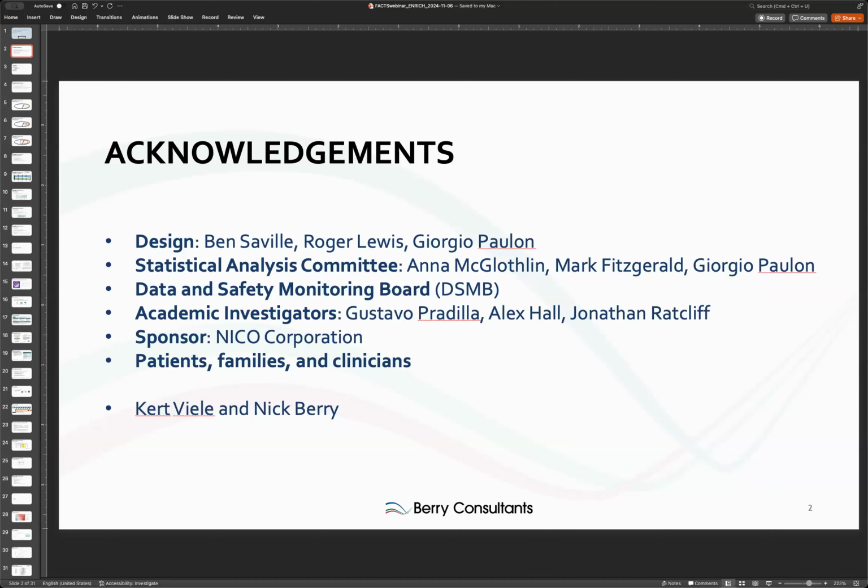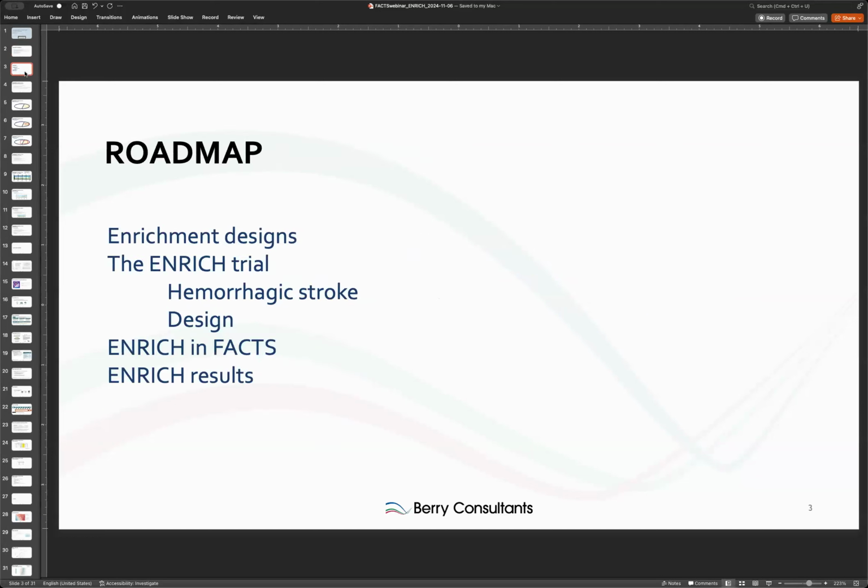So yeah, we'll go ahead and get started. Like Tom said, we don't often get to talk a lot about these patient enrichment designs. So I'm going to start today with just a quick primer on what enrichment designs are, how they typically run, and the way that we think about them before I dig into the ENRICH trial specifically. That was a trial in hemorrhagic stroke.